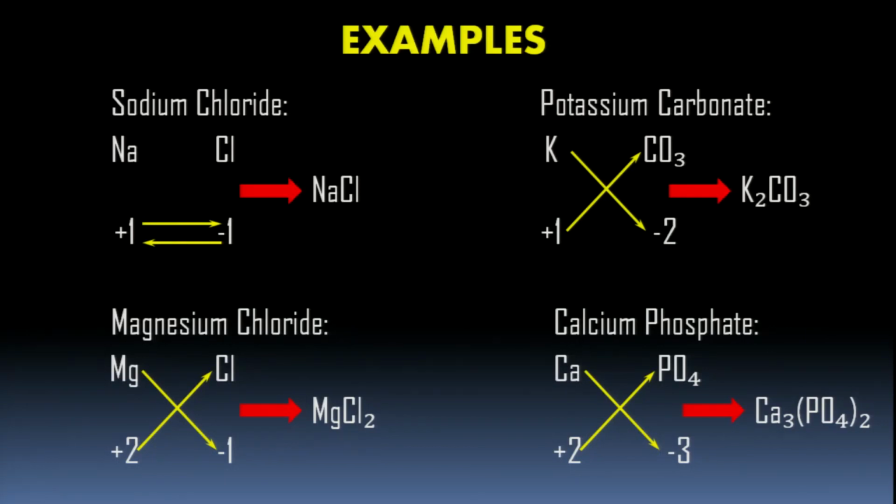Like in the previous case, CO3, since it is 1, we need not put any bracket. But here PO4, 2 is for full PO4, so we are putting a bracket. That means, what is the atomicity of this calcium phosphate? 3 atoms of calcium, and 2 atoms of phosphorus, and oxygen has 4 into 2, that is 8 atoms. Then atomicity becomes 3 plus 2, 5 plus 8, okay, 13.